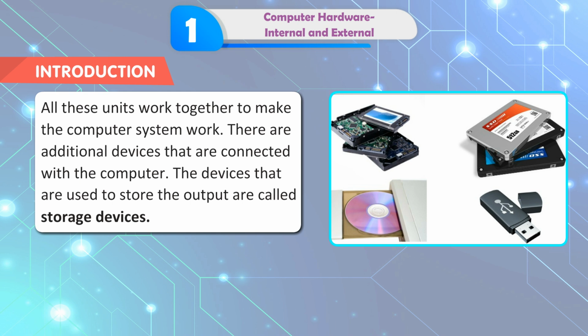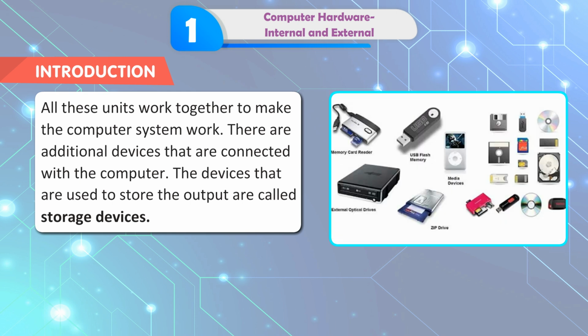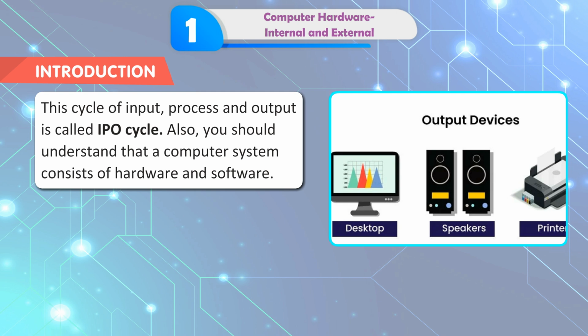All these units work together to make the computer system work. There are additional devices that are connected with the computer. The devices that are used to store the output are called storage devices. This cycle of input, process and output is called the IPO cycle.